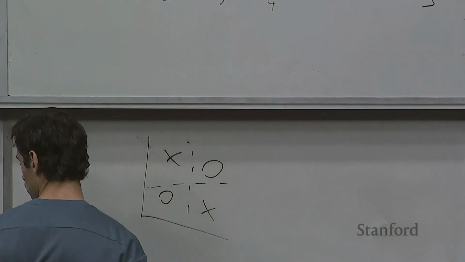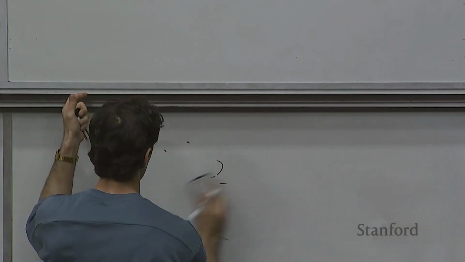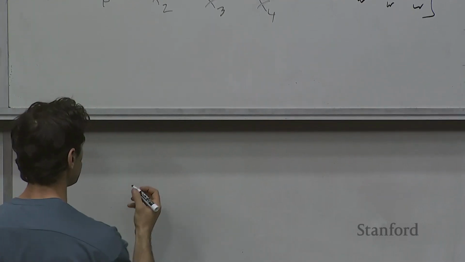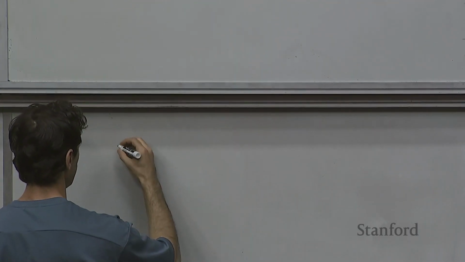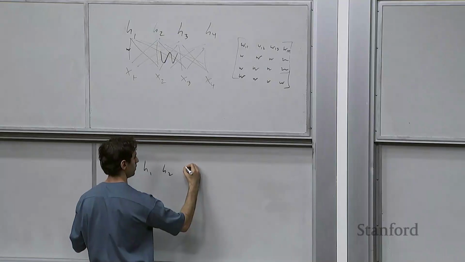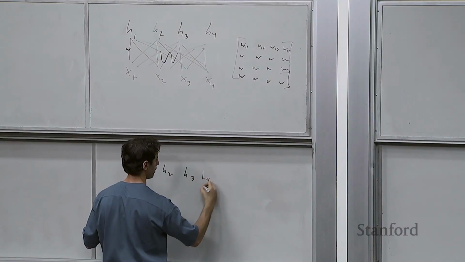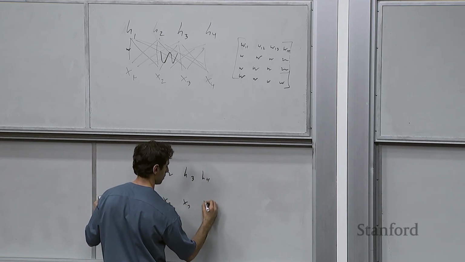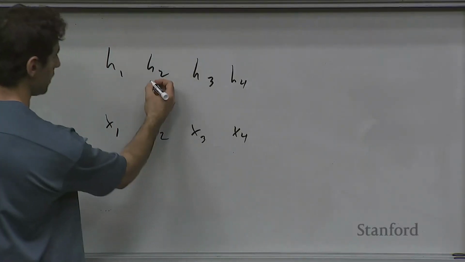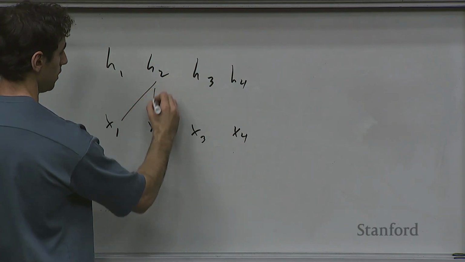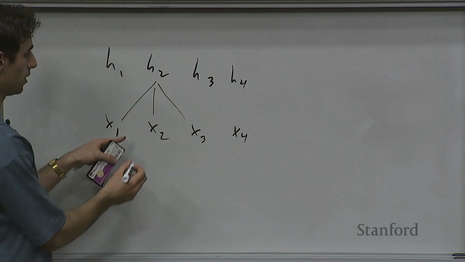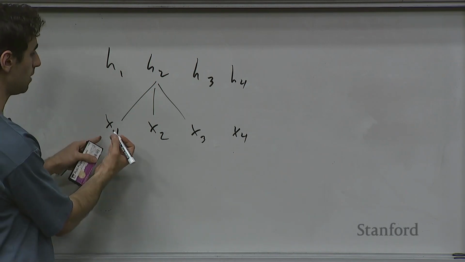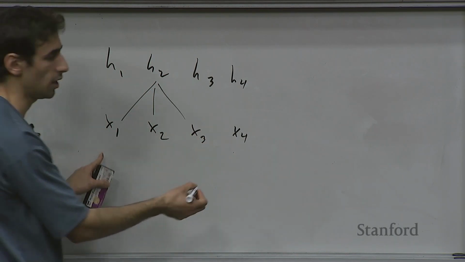Whereas if you're doing convolutions, it's much more efficient because there's this idea of local connectivity. So you have your H1, H2, H3, H4, X1, X2. Each hidden unit is only connected to what's called its receptive field, which is the inputs that the filter would be applied to.